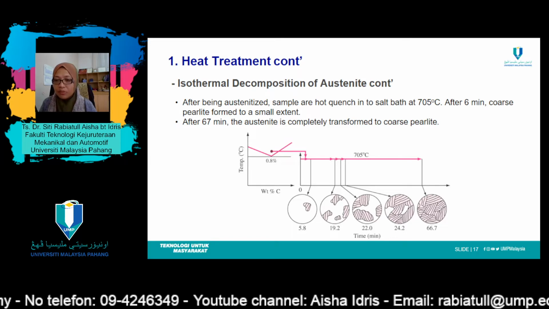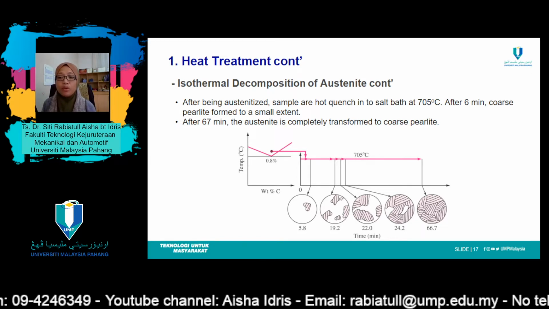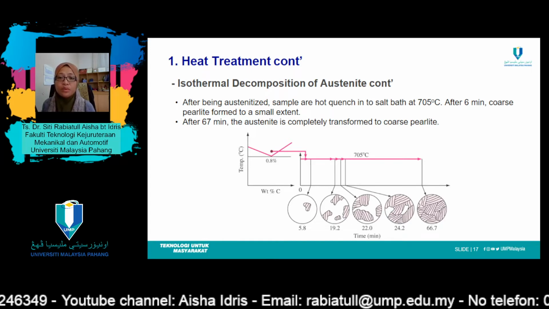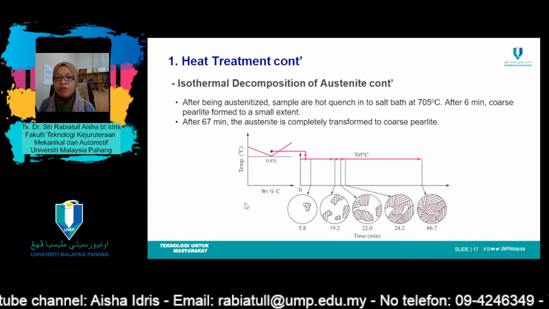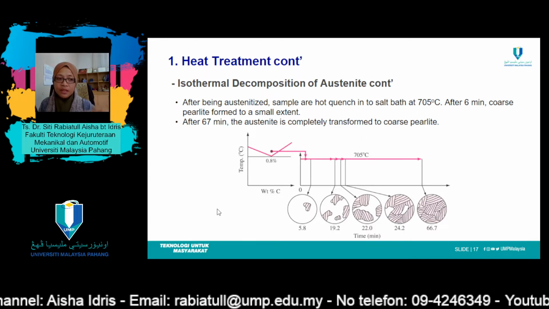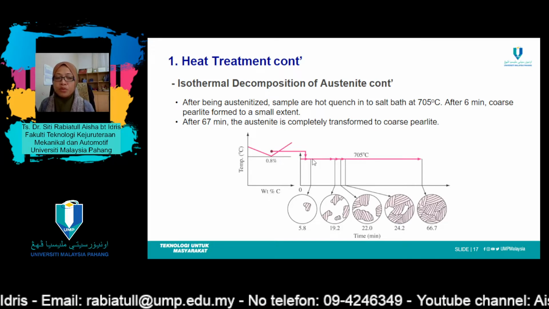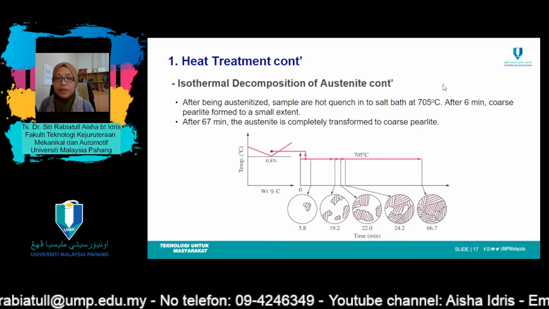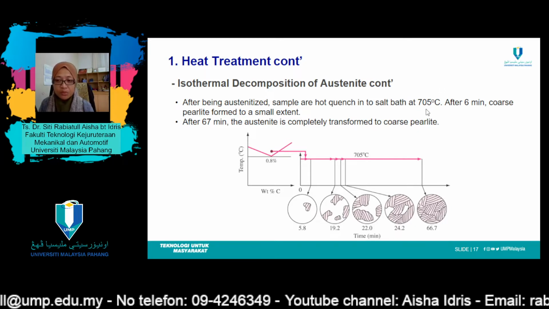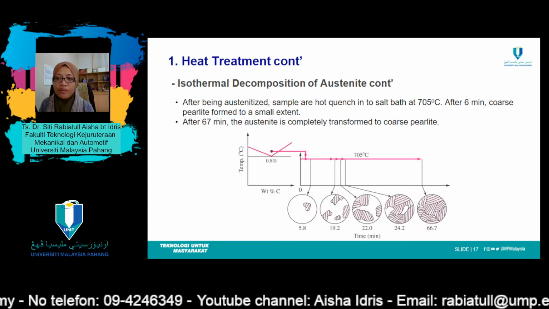For example, let's look at what happened to the microstructure when we use isothermal decomposition. In this case, we heat it to austenite temperature, then start to cool it using salt bath at a temperature below austenite temperature, which is equal to 705 degrees C for this case.